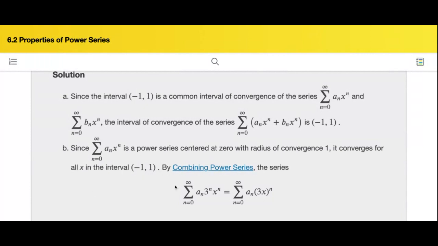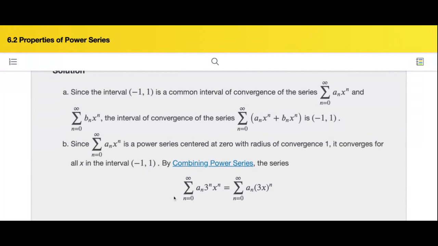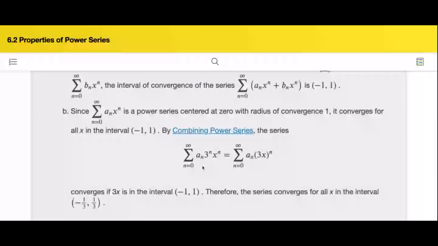By combining power series using the third part, the series a_n 3^n x^n can be written as a_n (3x)^n.